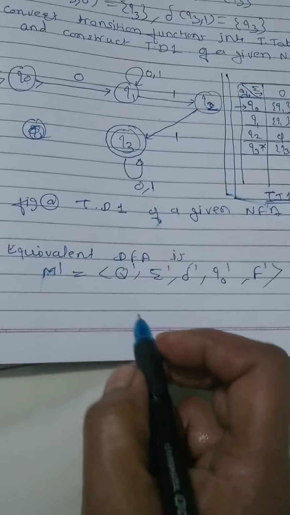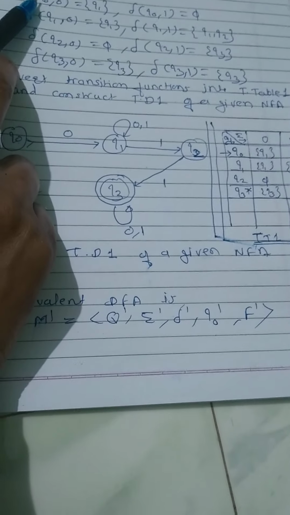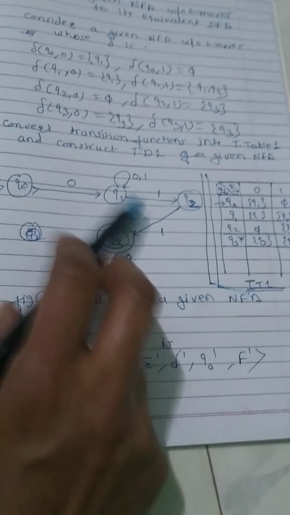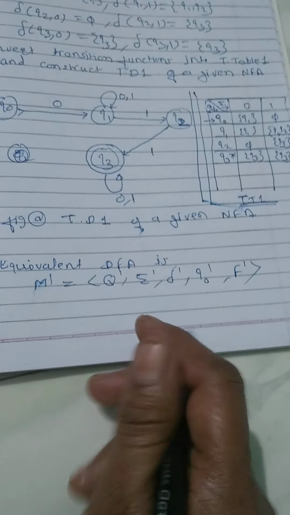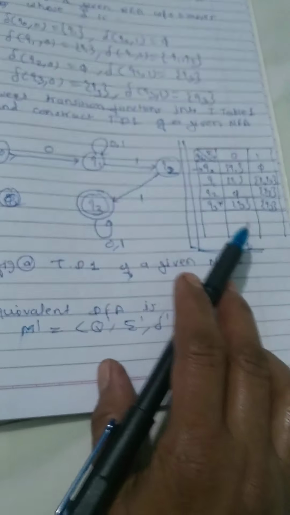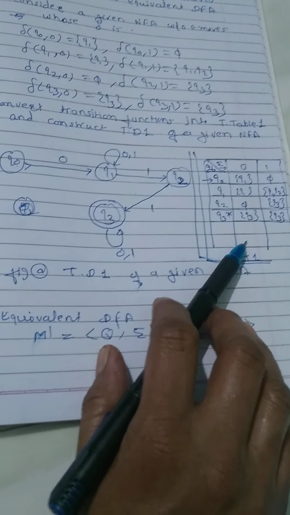Here Q dash can be obtained from the states Q by using the subset construction method. Now we have the transition table of the given NFA. We will convert this transition table 1 into the equivalent DFA.